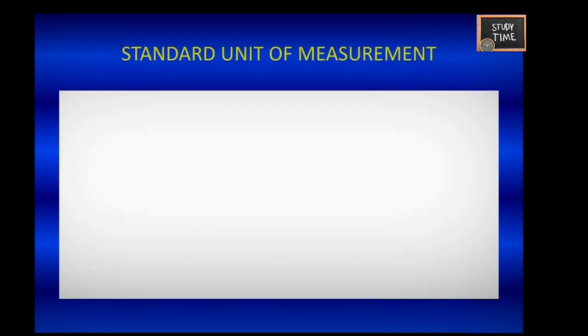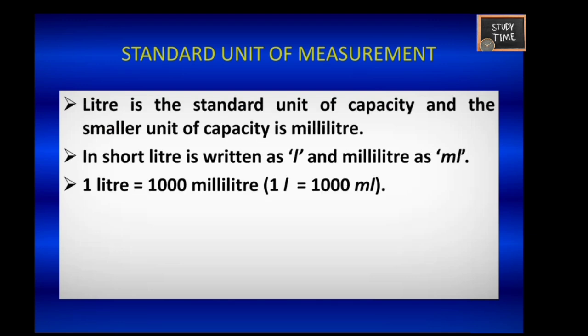Then we'll be seeing the standard unit of measurement. Liter is the standard unit of capacity and the smaller unit of capacity is milliliter. In short, you can write L for liter and ml for milliliter. Actually you have to write ml in small letter, but if I write ml in small letter throughout the video, you cannot understand the text.